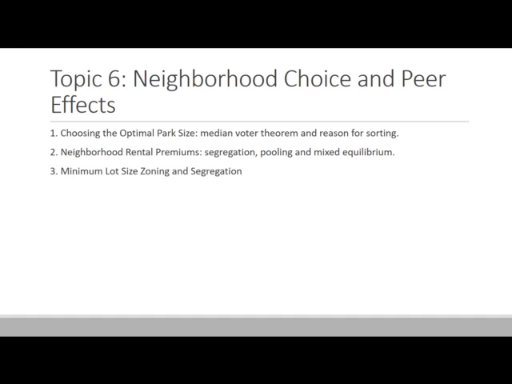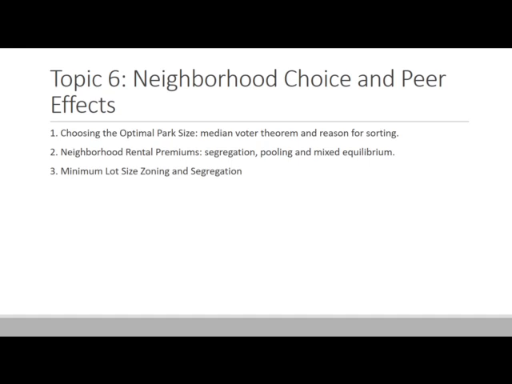So as we said, why are there different neighborhoods? One potential reason is that people have different preferences for public goods, and people with the same preference for the public good tend to live together. Otherwise, if I'm a person who doesn't care about a park, but I live in a place with a very big park, I will find it quite inefficient.